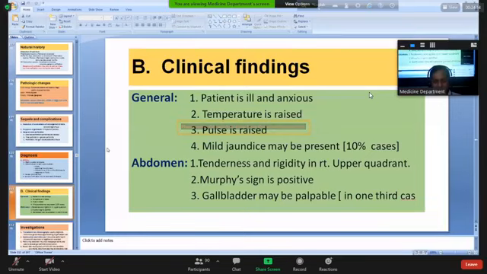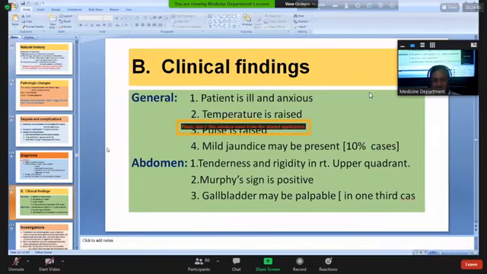We have to place our left hand in a way so that the thumb will be just below the tip of the 9th costal cartilage, and the other fingers remain across the anterolateral aspect of the costal margin. And we have to gradually press in during expiration, and keep our thumb stationary during inspiration.